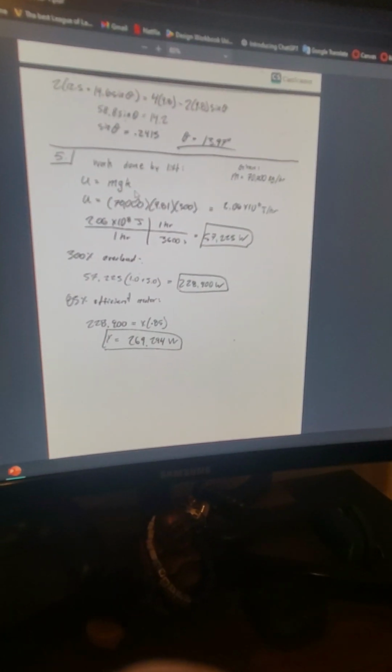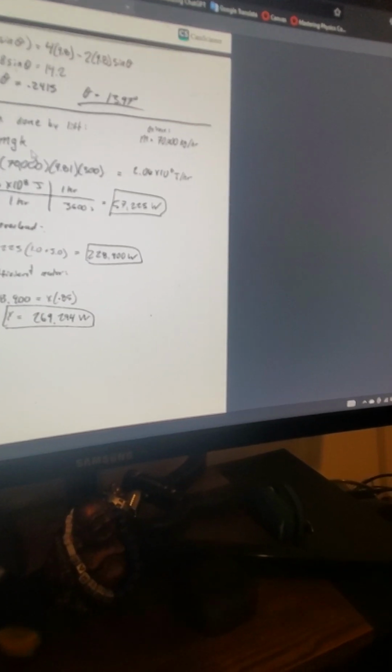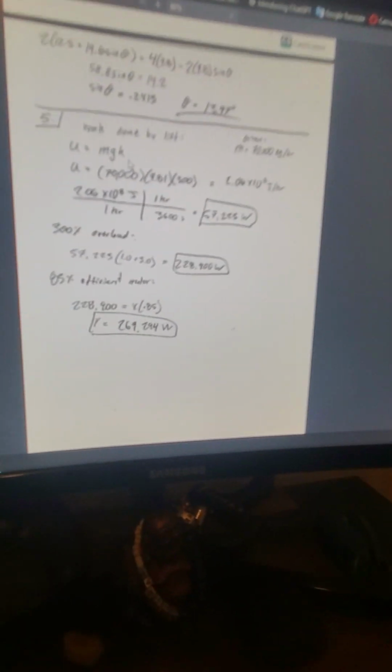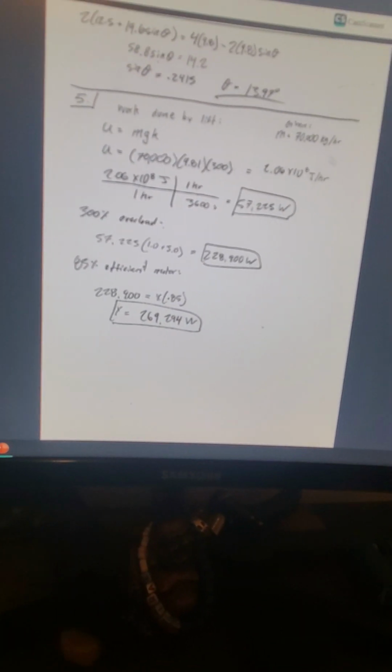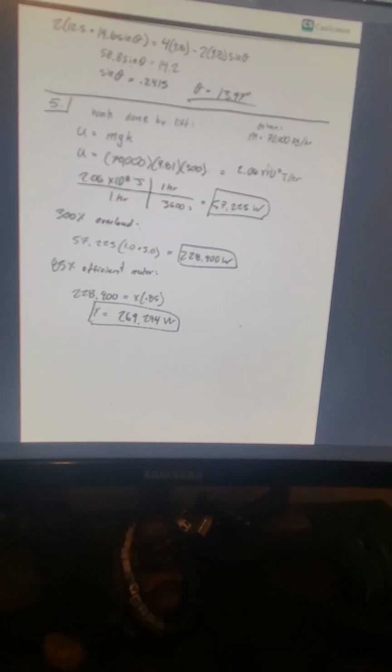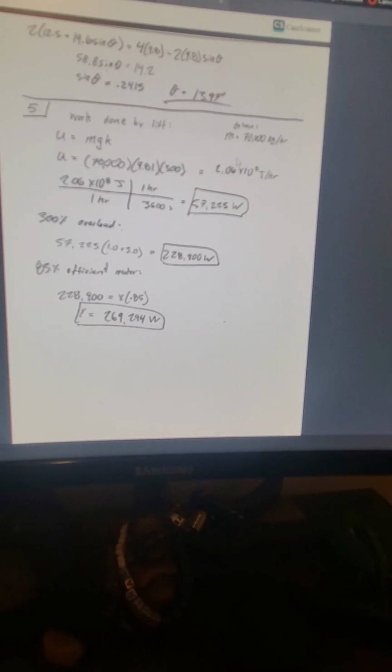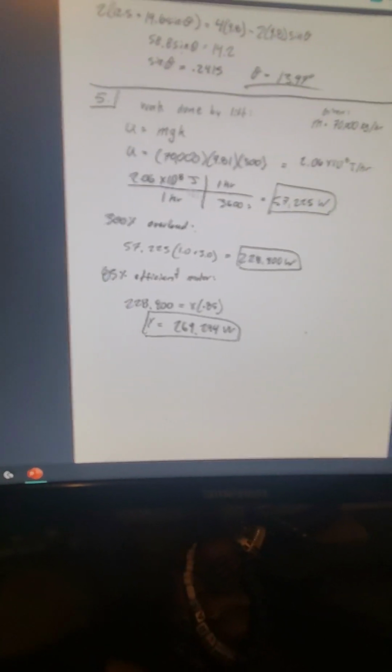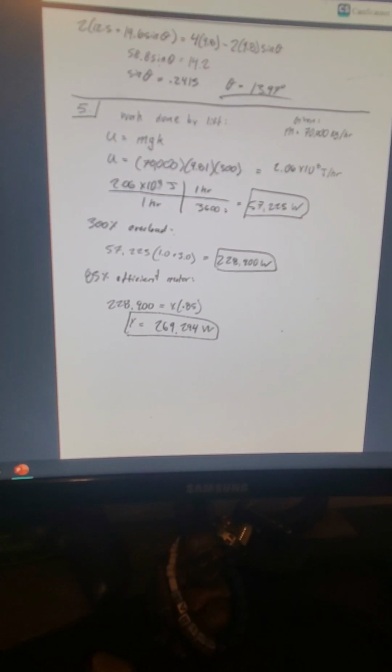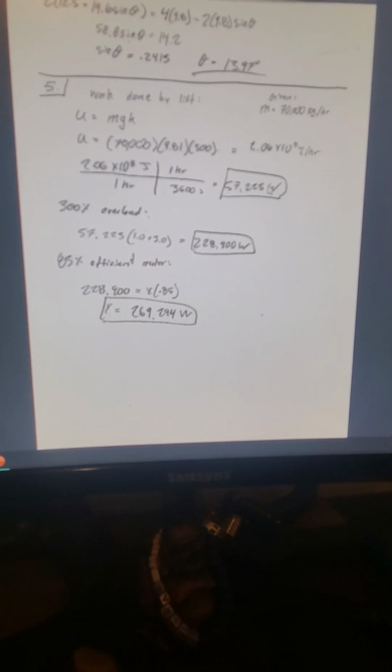So pretty much I just used the change in potential energy. It's moving all this mass up the hill, and there's going to be a total amount of energy required to move that much mass up the hill. So you can calculate the total amount of energy needed to move that many skiers up a hill in 1 hour, in joules per hour. And then you can just convert this to joules per second, which gives you watts.